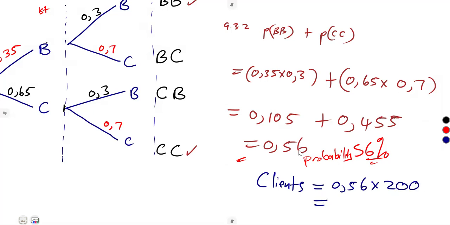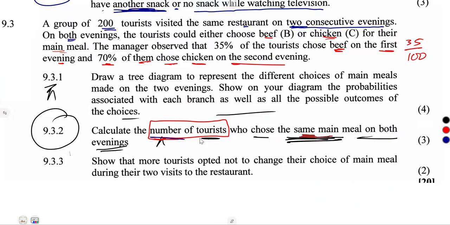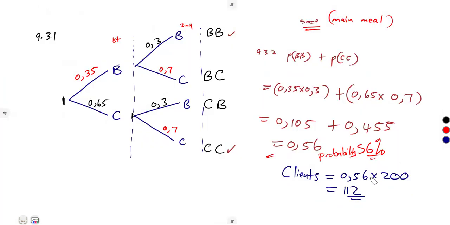That gives the number of tourists who chose exactly the same meal, which is 112. So answer the question: we have the probability first, then answer the exact thing, since they wanted the number of tourists.